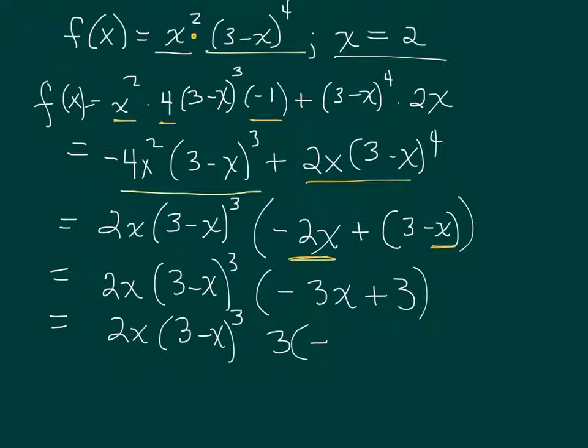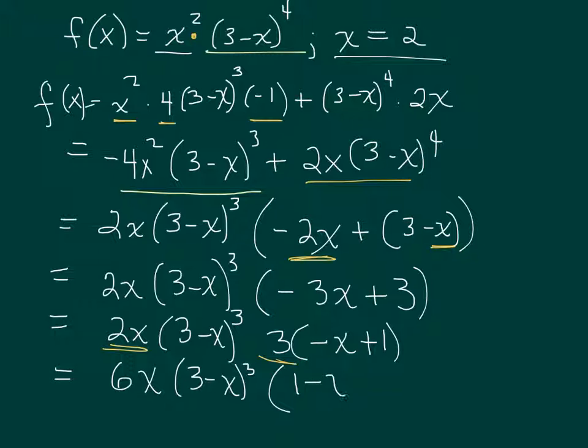So that leaves me -x plus 1, because I factored out a 3. I'm going to multiply 2x times 3, which gives me 6x, 3 minus x cubed, and I just turn this around as 1 minus x. And so this is how the final answer is written.